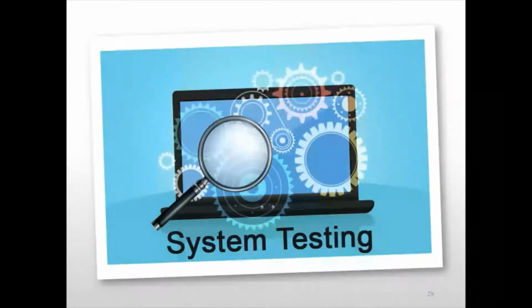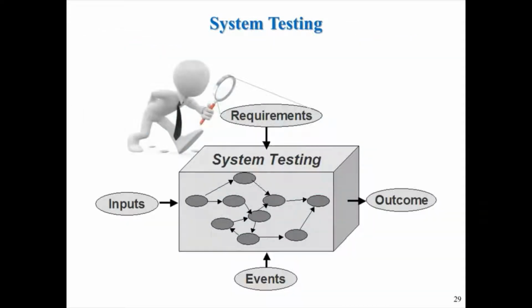After integration testing, the next level is system testing. In system testing, you are now checking the overall output of your system. Before the start of system development, of course, you had requirements.